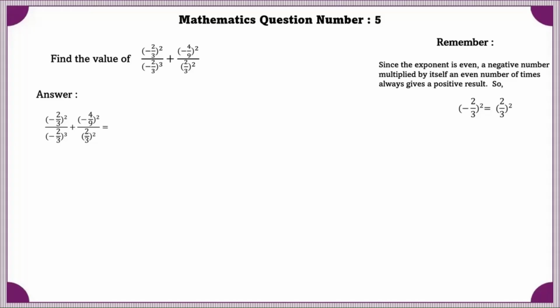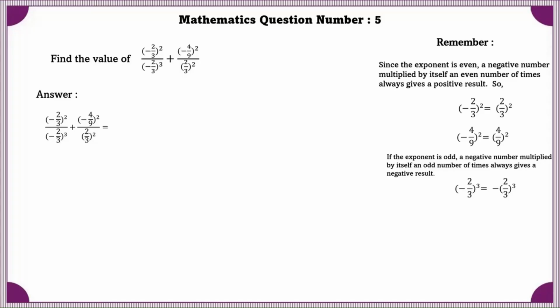So, (minus 2/3) to the power 2 is the same as (2/3) to the power 2. If the exponent is odd, a negative number multiplied by itself an odd number of times always gives a negative result. So (minus 2/3) to the power 3 is the same as minus (2/3) to the power 3.